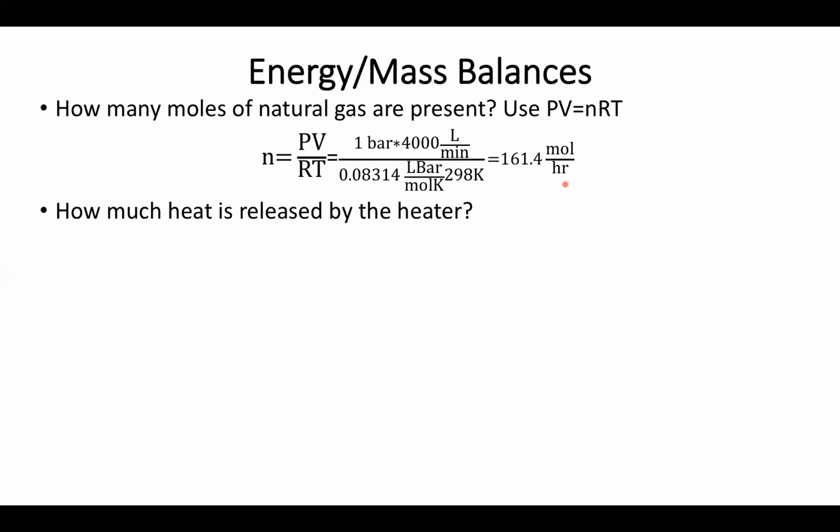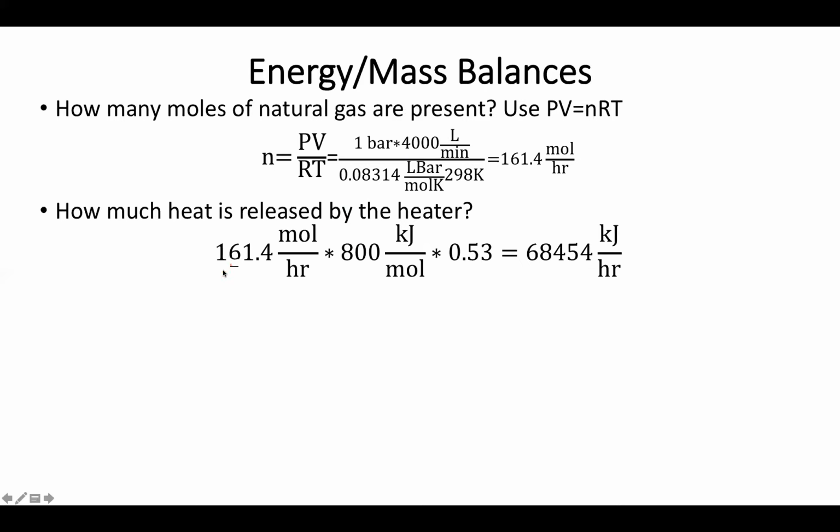So then how much heat is going to be released by this heater? I've got these 161 moles of natural gas, which is going to produce 800 kilojoules per mole, but only 53% of that energy is going to actually make it to the dryer. So this ends up turning into about 68 megajoules of energy per hour.